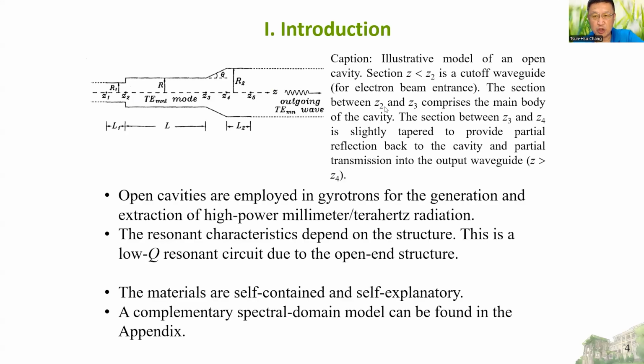The section between Z2 and Z3, the uniform section, is the main body of the cavity. The section from Z3 to Z4 is slightly tapered to provide partial reflection. So the wave will be partially reflected back into the cavity and partially transmitted to the output section, such as greater than Z4.